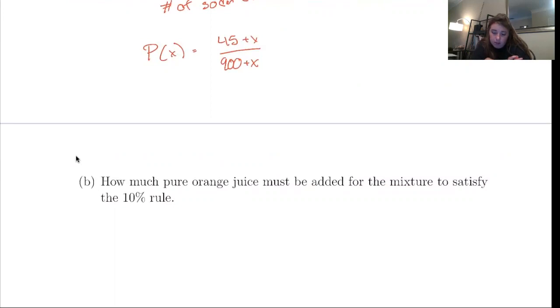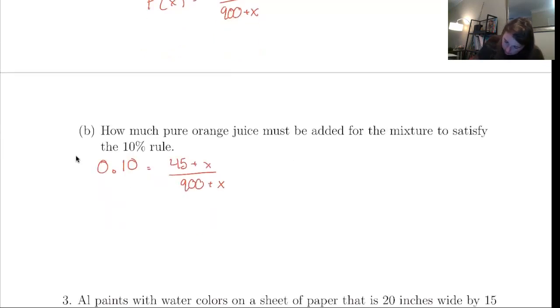So 10% rule, right? I want my concentration to be 10%. So we want to figure out what X is, right? Remember, we're doing percent, so we need to move our decimal over. And then we know how to solve things like this.